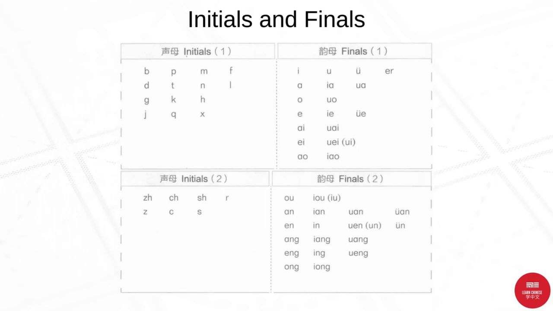Ch, Ch, Sh, R, C, C, S. Let's see the finals. Two, O, Yo, An, Yan, Yuan, Yuan, An, In, Yuan, Yun, Ang, Yong, Yuan, Ang, Ing, Yuan, Ong, Yong. Now, after this initials and final sound comes the tone.